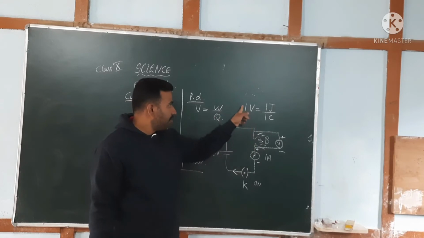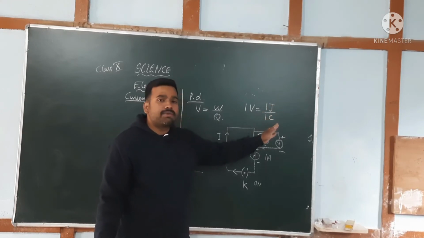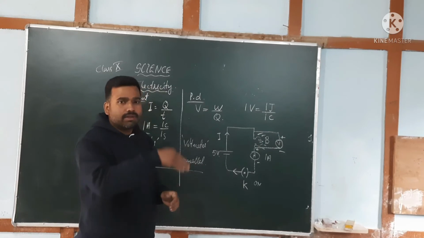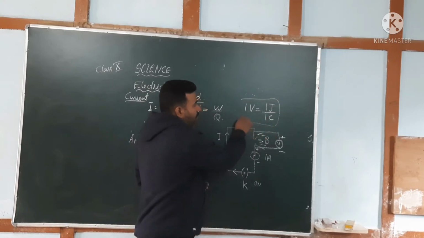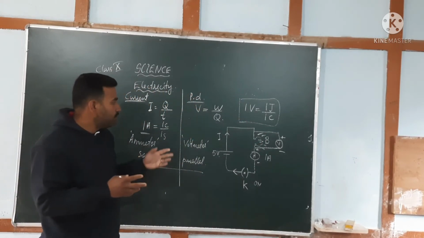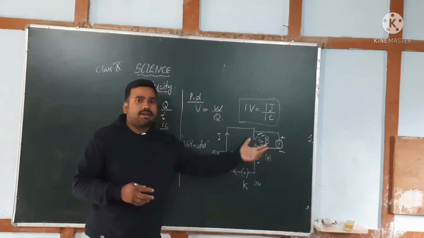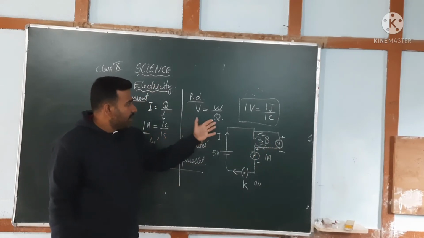So 1 volt can be defined as 1 joule of work to be done in order to move 1 coulomb of charge from one point to another point. So this is the definition for 1 volt. If we want to move something from one place to another, we need to do some work. Then only it will be moving.